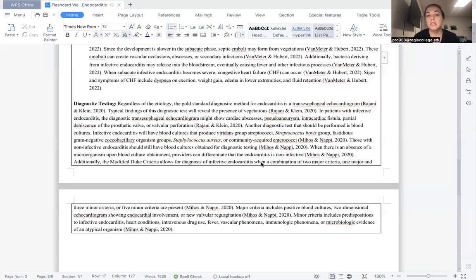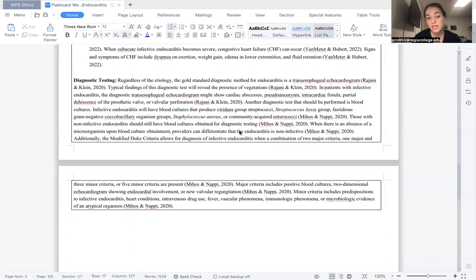It's great because with infective endocarditis, we have developed something called the modified Duke criteria, and that allows for different combinations to be put together that would classify a patient as having infective endocarditis. The combinations are either two major criteria, one major criterion and three minor criteria, or all five minor criteria.